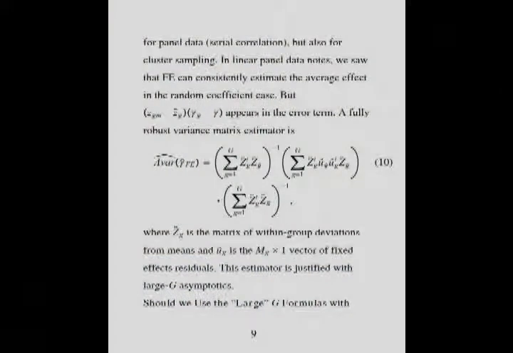But again, there are cases, and I'll bring back this random coefficient, this random slope case, where we already saw in the second lecture how fixed effects could still be consistently estimating the average effect gamma, but even if it does consistently estimate that, it leaves this term here in the error term.